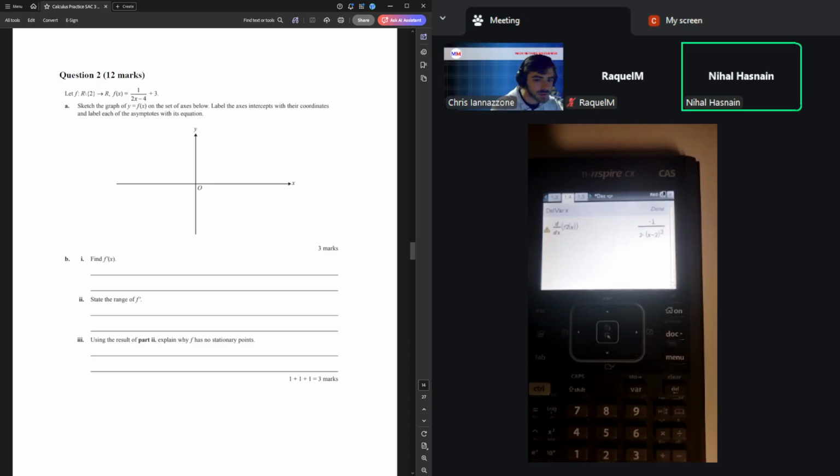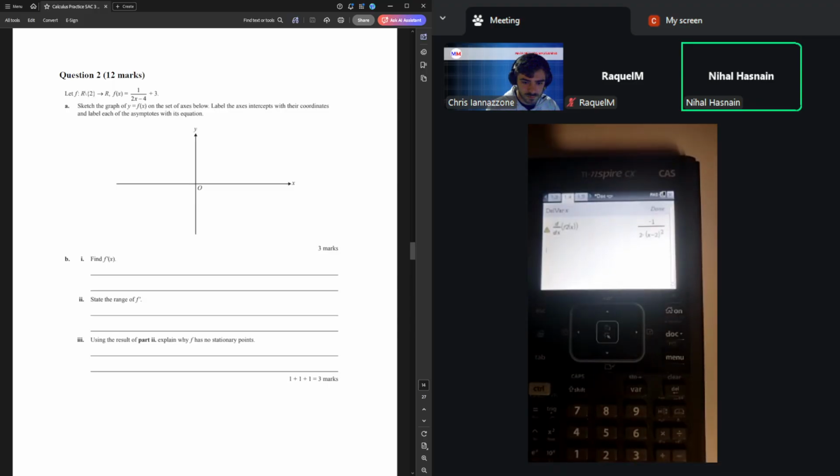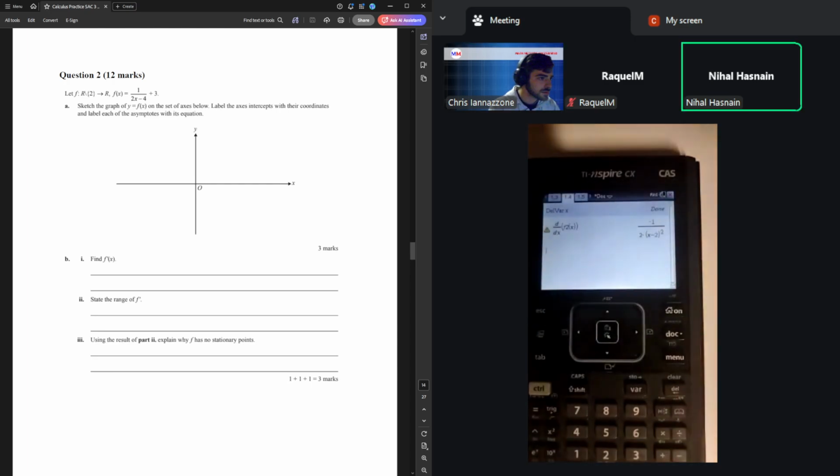So minus 1 bracket. I've got the equation, but I just can't copy it as easily. I think I can use the solve thing.